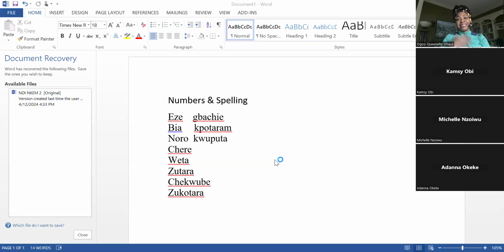The Central Igbo is chere, which means wait. But if it is your people's dialect, your parents' dialect, maybe the way they say it is cherezie. So I know you must have that cherezie when your mom says that to your dad.